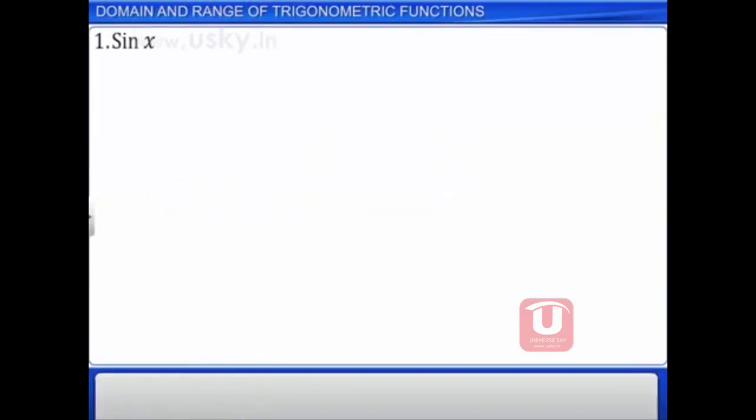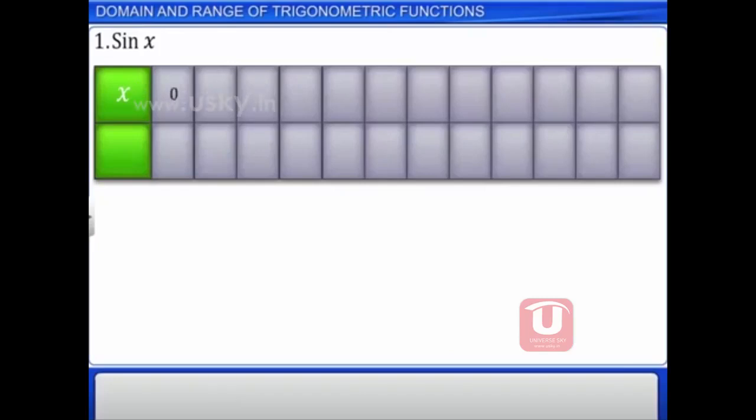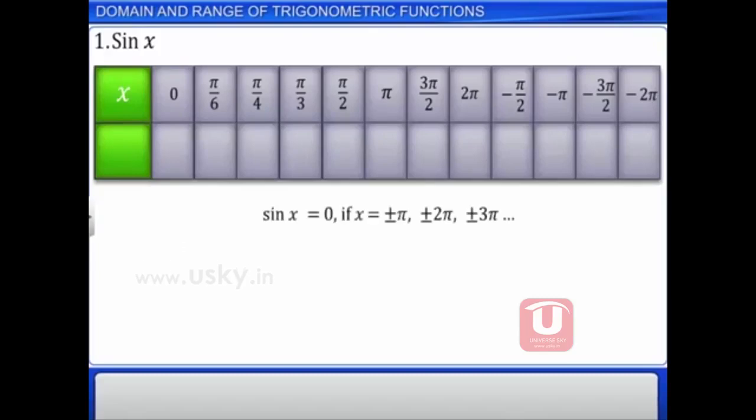Let us take the values of x as 0, pi by 6, pi by 4, pi by 3, plus or minus pi by 2, plus or minus pi, and plus or minus 3 pi by 2. We know that sin x equals 0 when x is equal to n pi, where n is any integer.